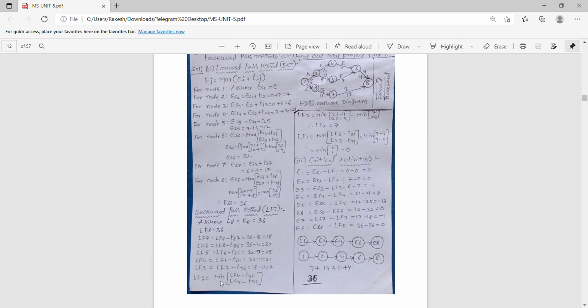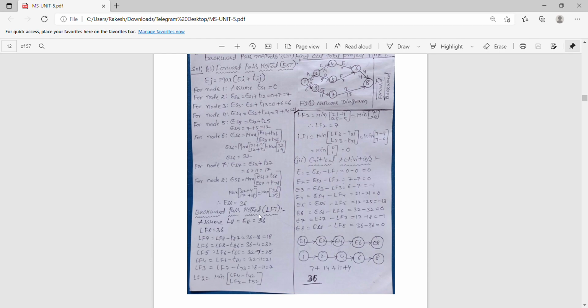So to get that we have to take the minimum. lf2 equals 7. Next, to get lf1 we have to take lf2 minus the time taken from 1 to 2, and lf3 minus the time taken from 1 to 3. From these two we take the minimum. You can see that in the forward method we take the maximum, and in the backward pass method we take the minimum.